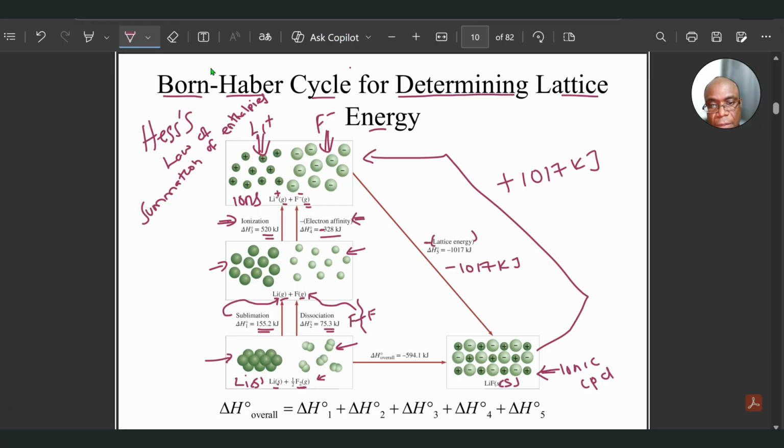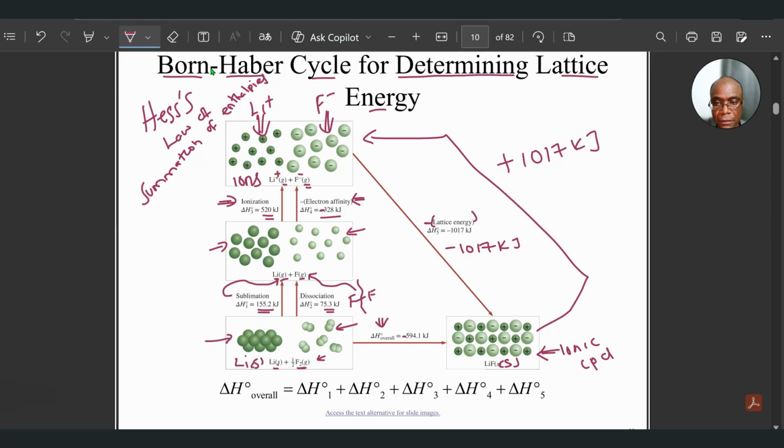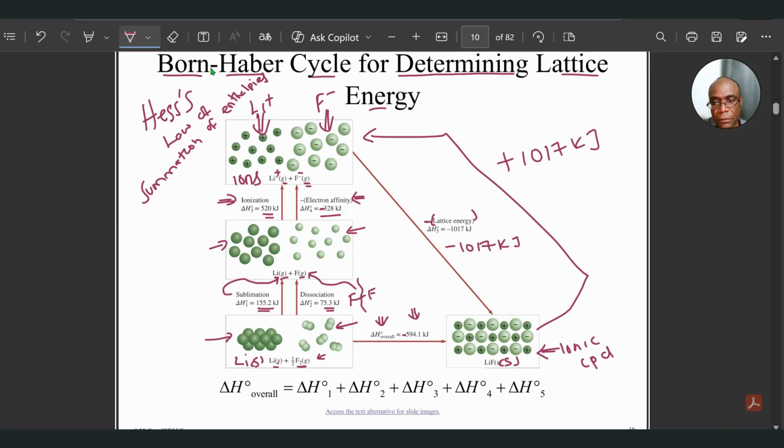Okay. Now, the overall heat of reaction, enthalpy of reaction, is going to be negative 594.1 kilojoules. You'll learn the topic on thermochemistry later on, so I cannot go much into details, but I can tell you, to get this overall, you just sum up the energies from all processes.